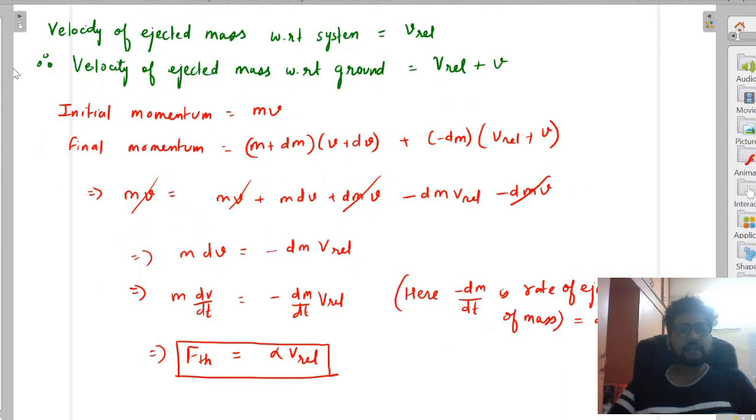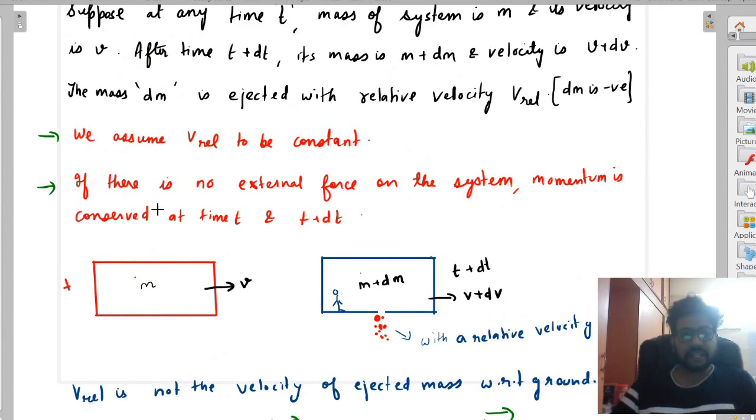So now, again, what is written here: the velocity of the ejected mass with respect to the system is v relative. So the velocity of ejected mass with respect to ground is v relative plus v. Now see, in this diagram you will see that the initial momentum is mv, and the final momentum is (m plus dm) into (v plus dv), right?